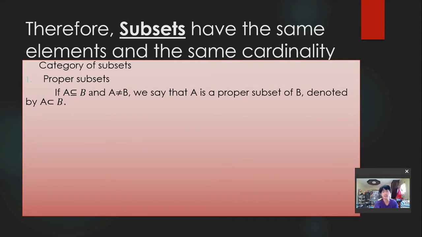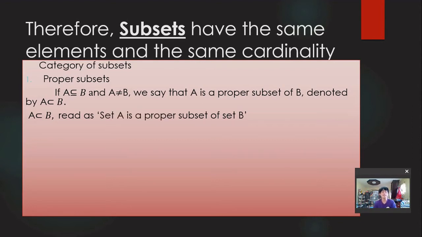Just like my example earlier, in a municipality, there are barangays. Each barangay consists of people living there. So those people in a barangay are a proper subset of the entire community of a certain municipality. That's proper subset. Okay, that's how we read it.